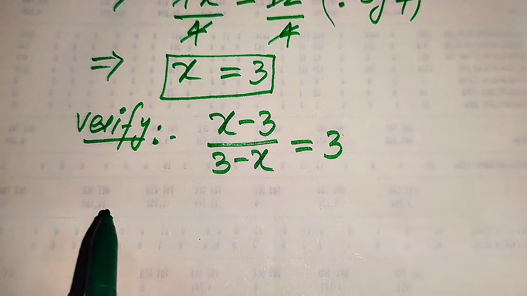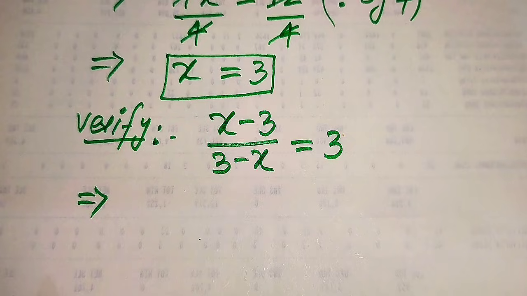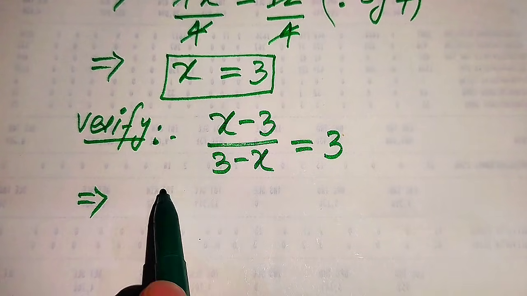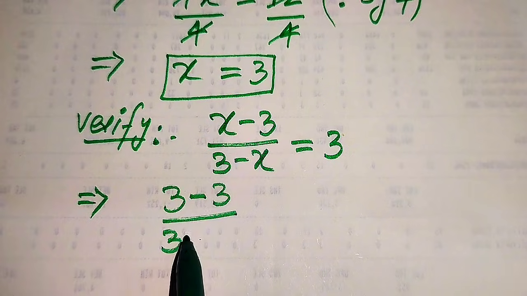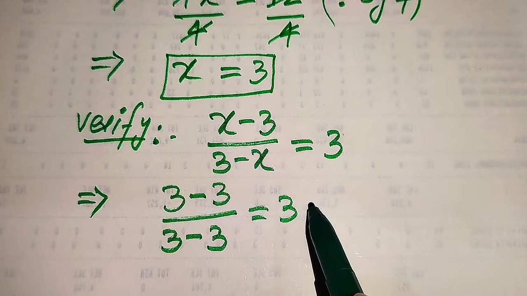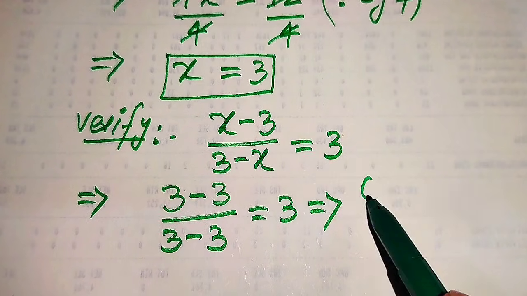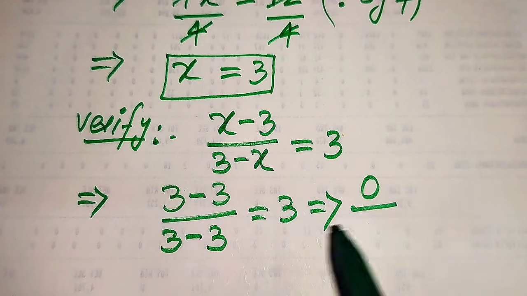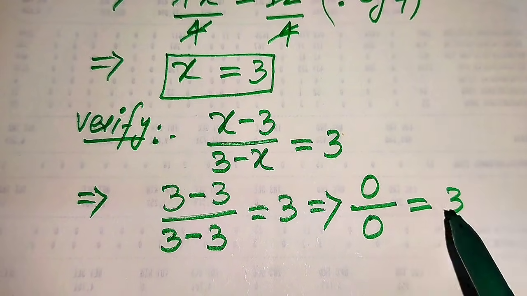Here we substitute the above value of x into the left hand side and check its behavior. When you put it here, it becomes (3 minus 3) divided by (3 minus 3) equals 3. We need more simplification: 3 minus 3 becomes 0, divided by 3 minus 3 which also becomes 0, equals 3.